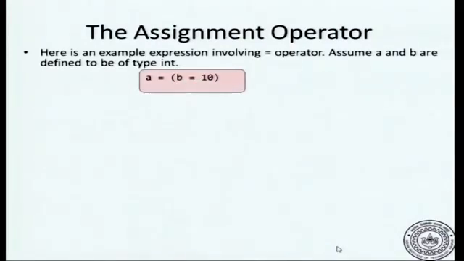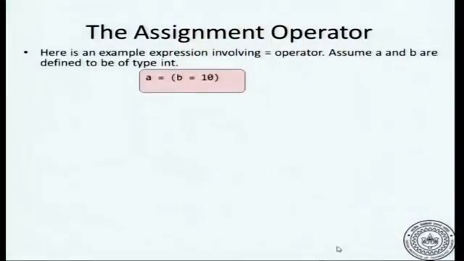So how does the assignment operation work? For example, consider an expression like a equal to, and then on the right hand side within parentheses b equal to 10. What does this do? So assume that a and b are integer variables.